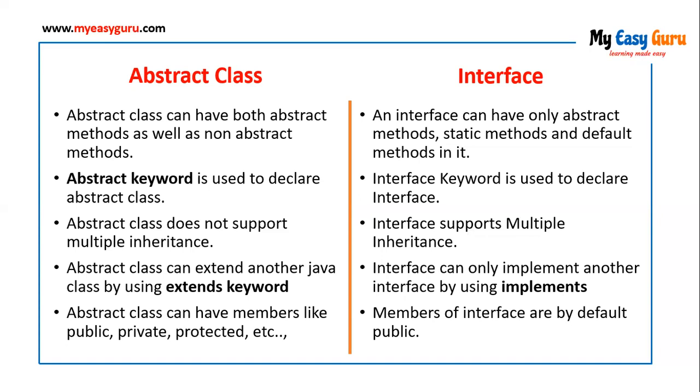So let's understand the difference between abstract class and interface. The key difference is an abstract class must be declared with the abstract keyword, while the interface keyword is used to declare the interface.